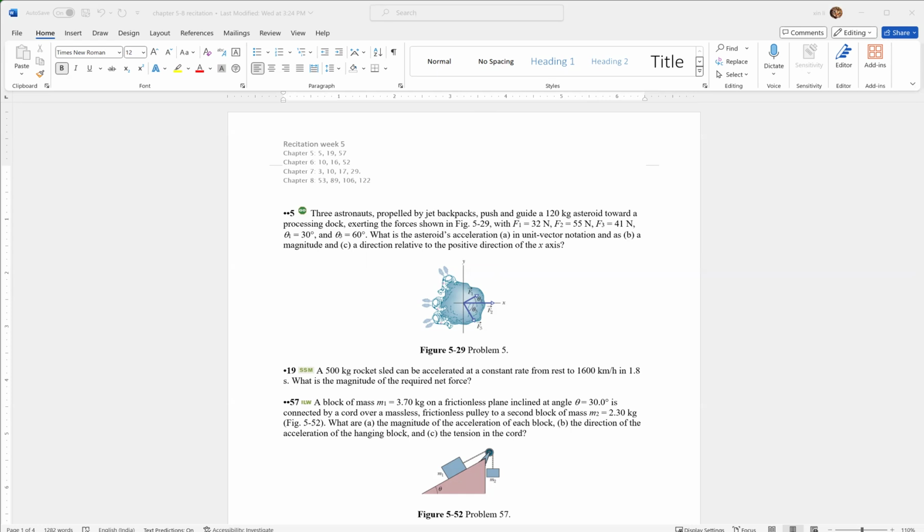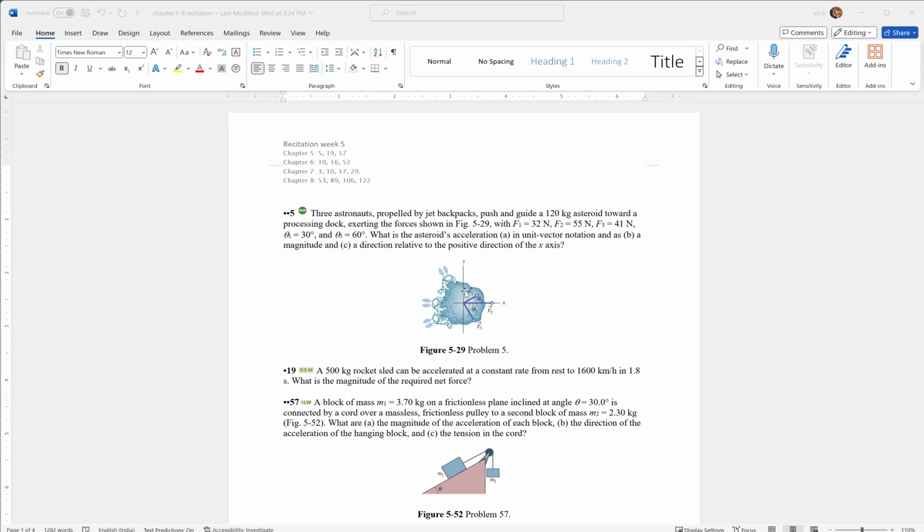So let's take a look at the first problem. We have three forces. We have three astronauts propelled by jet backpacks, 1, 2, 3, who push and guide a 120-kilogram asteroid toward a processing dock, exerting the forces shown in the picture.